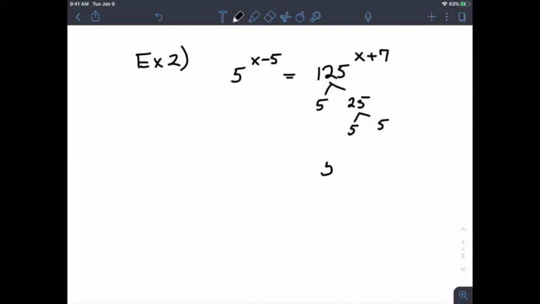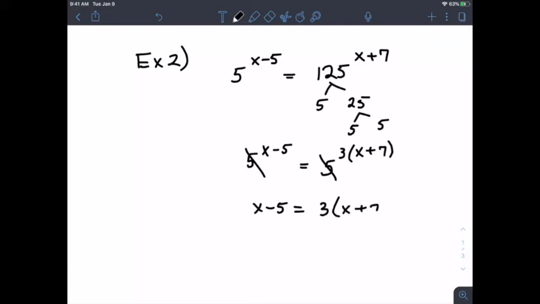So this will become 5 to the power of 3 times x plus 7, which is equal to, on the other side, 5 to the power of x minus 5. Since my bases are the same, drop them. On the left, I get x minus 5 is equal to 3 parentheses x plus 7. What I'm going to do here is distribute the 3. 3 times x, 3x. 3 times 7 is 21, and equals x minus 5.